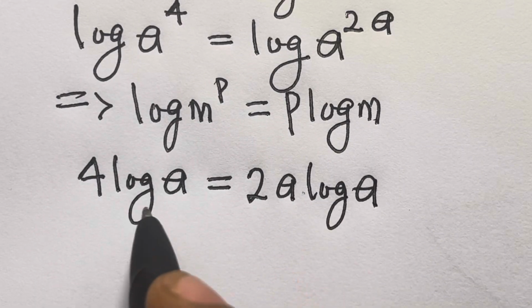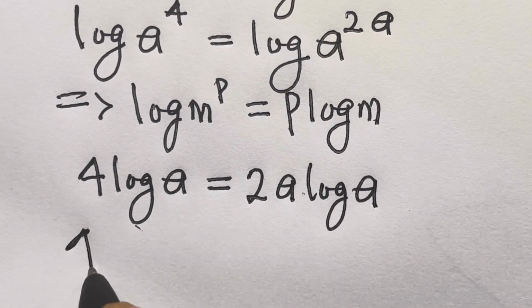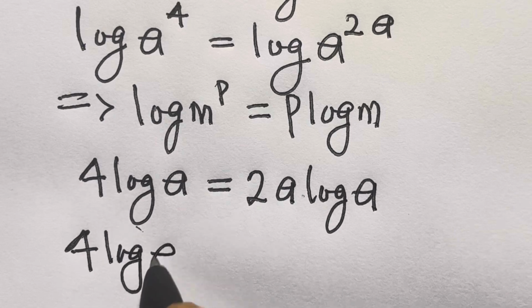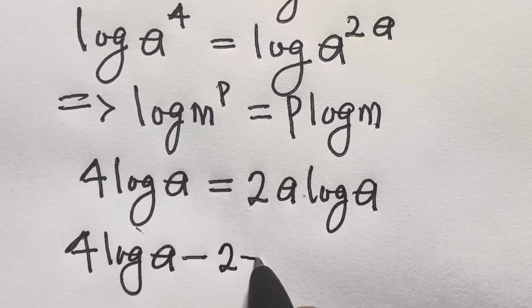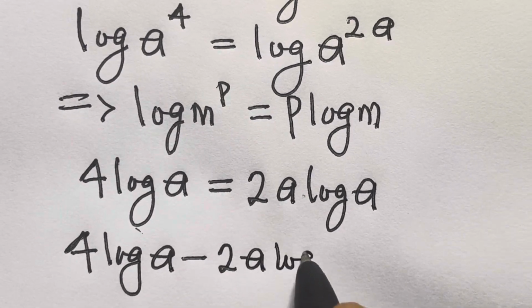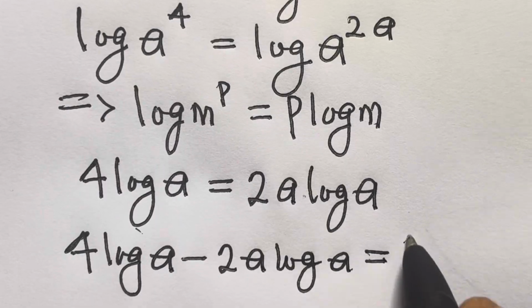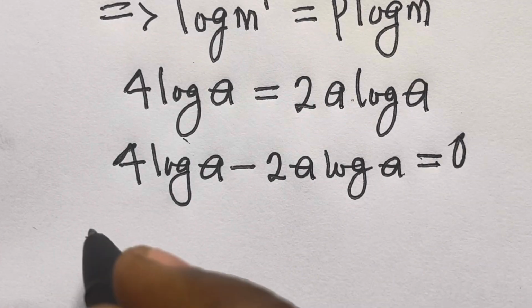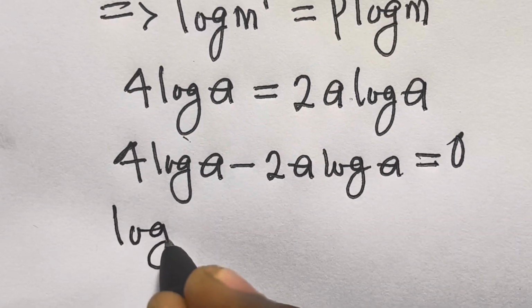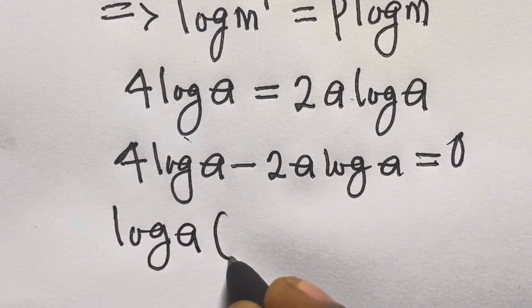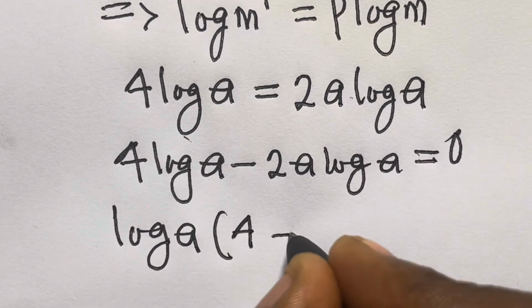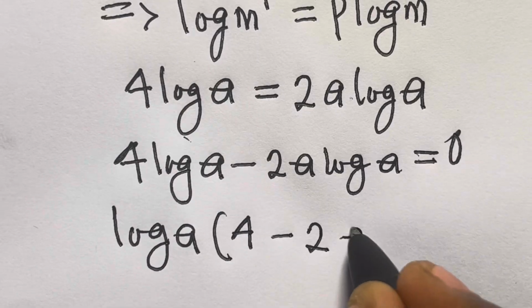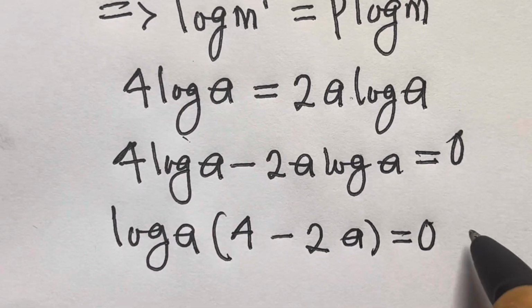So we can transfer this to the other side. We have 4 log a minus 2a log a equals 0. Since log a is common, we can factorize it out. So we have log a, and what will be left here? We have 4 minus 2a equals 0.